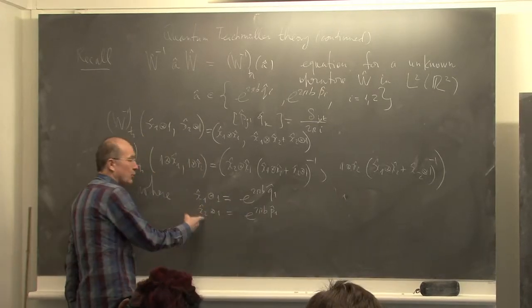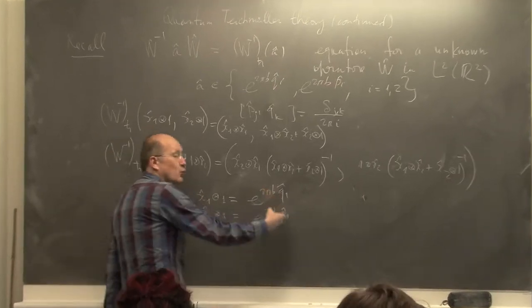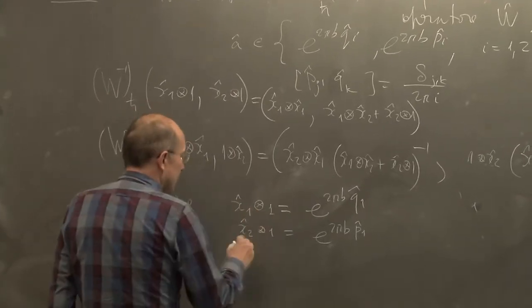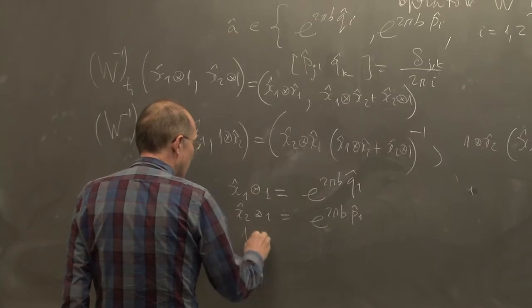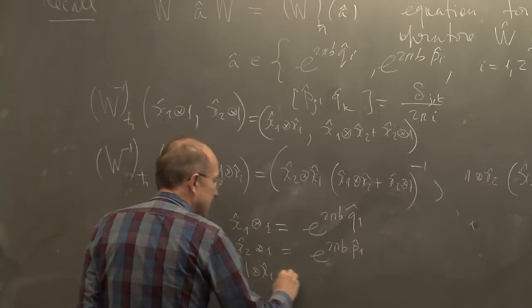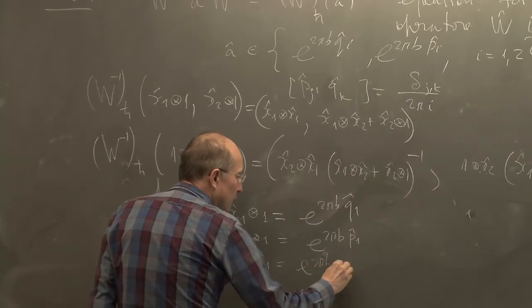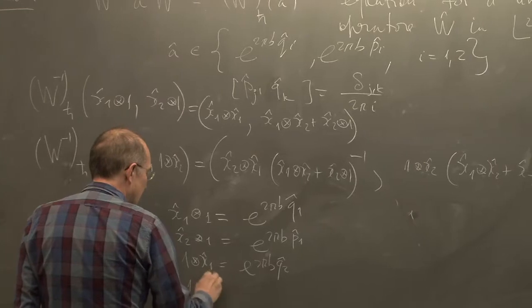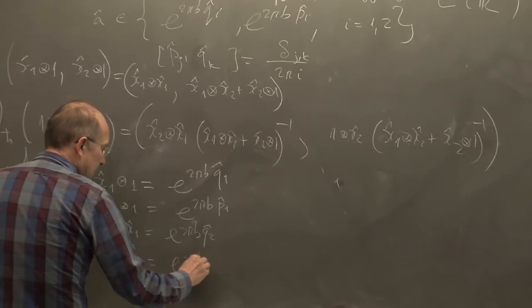Right, because the first tensor component corresponds to index 1 on the level of q p operators, and index 2 for the second component, which means that 1 tensor x1 hat is e to the 2 pi b q2 hat, and 1 tensor x2 hat is e to the 2 pi b p2.